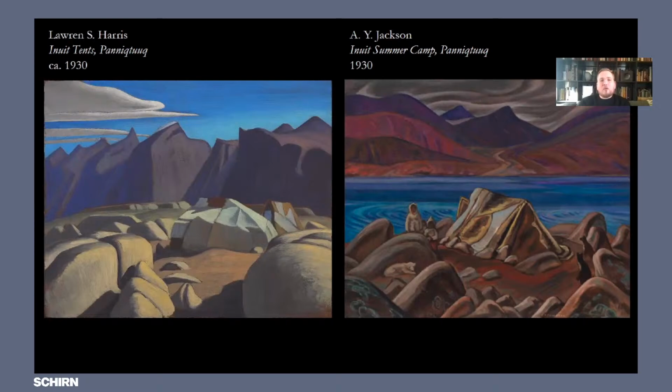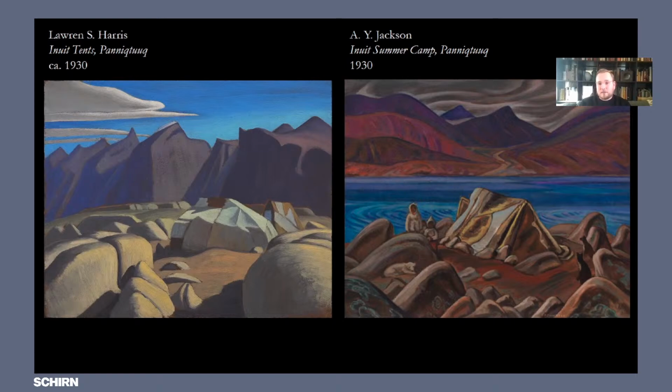Now, what's also really important about this map that I had just shown you is that it includes the village of Panniktuk. And Panniktuk is an important town for us today, because this is not only the place where Harris and Jackson arrived and began painting their Arctic images, but also a place that has its own very distinctive Indigenous history that is directly connected with the direction that the Hudson's Bay Company in Canada is moving.